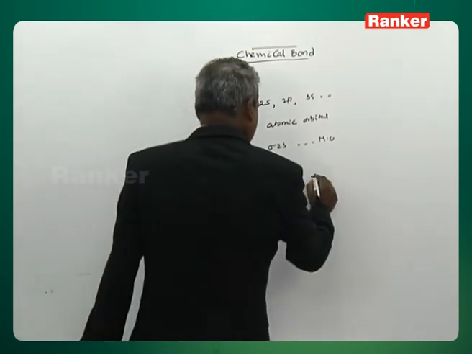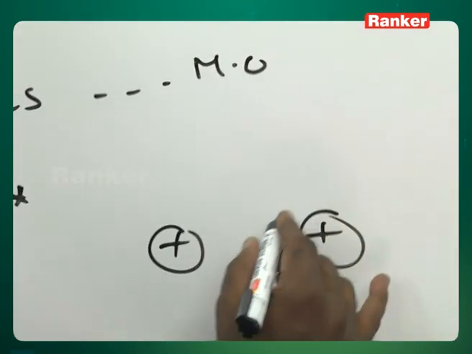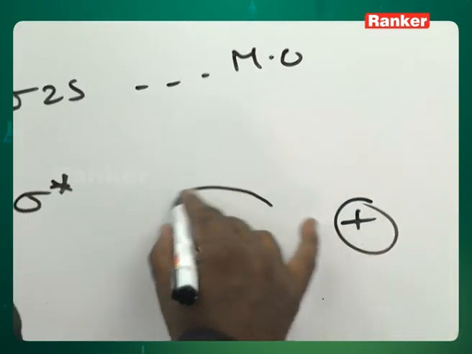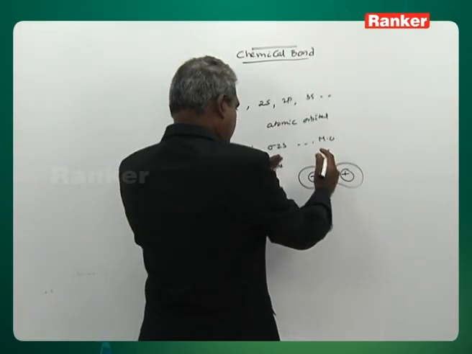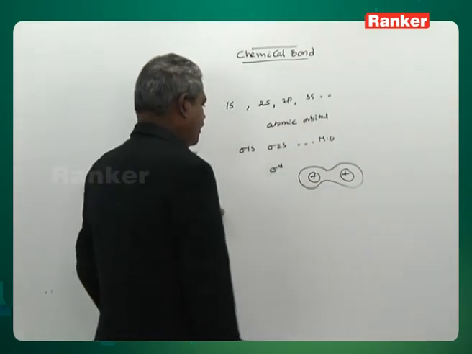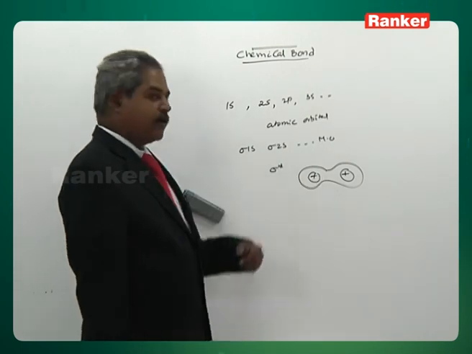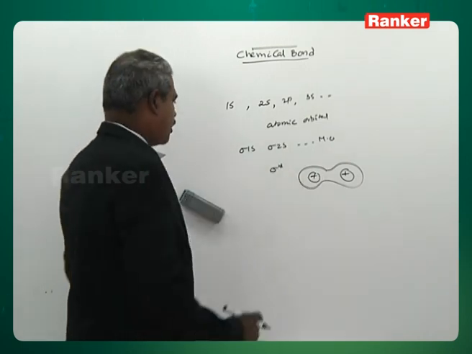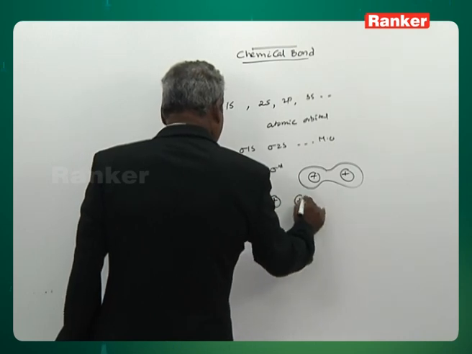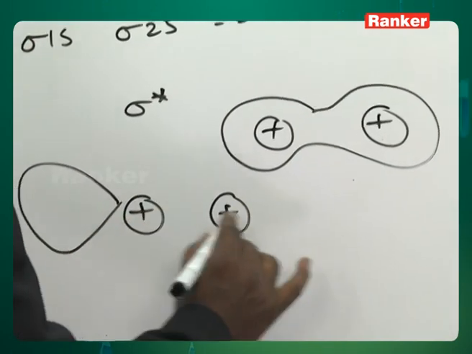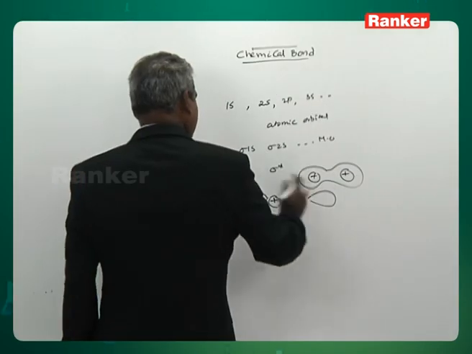You can see, look here. This is a bonding molecular orbital, where two orbitals combined in a constructive manner, a linear combination of atomic orbitals. And this is an anti-bonding molecular orbital, which is away from the nuclei.